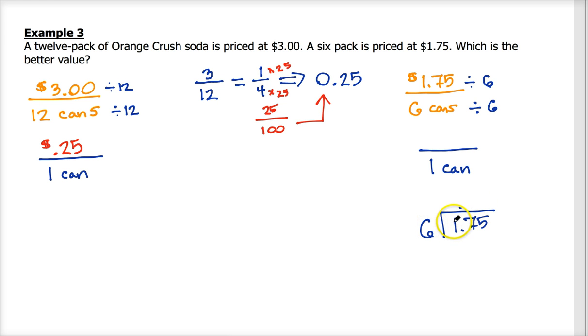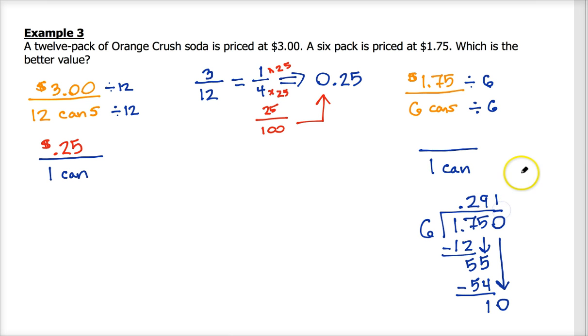6 will go into the number 17 2 whole times. 2 times 6 is 12. And then I can bring down this other 5. 6 will go into 55 9 whole times. There I get 54. And then I can go ahead and add a 0. And because this is a money problem, I can stop once I get to 3 decimal places here. 6 will go into 10 1 whole time.